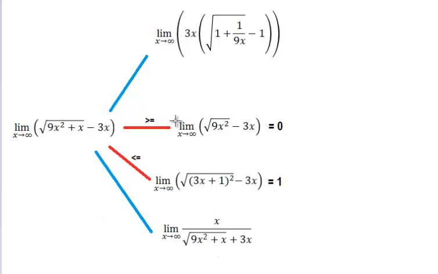So the blue ones are exact and the red ones are approximate. The interesting thing about all the exact forms of this is that they pose the problem in different ways. If you look at the original one, you get something going to infinity minus something going to infinity, infinity minus infinity. And in this one we had something going to infinity times something going to 0, infinity times 0.